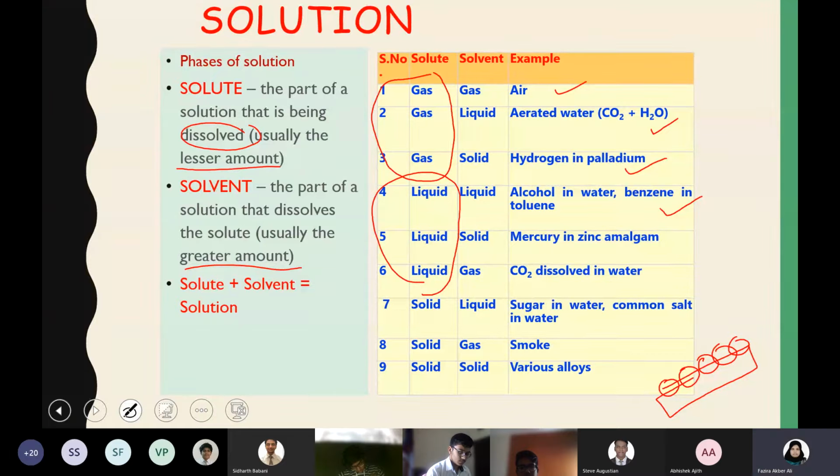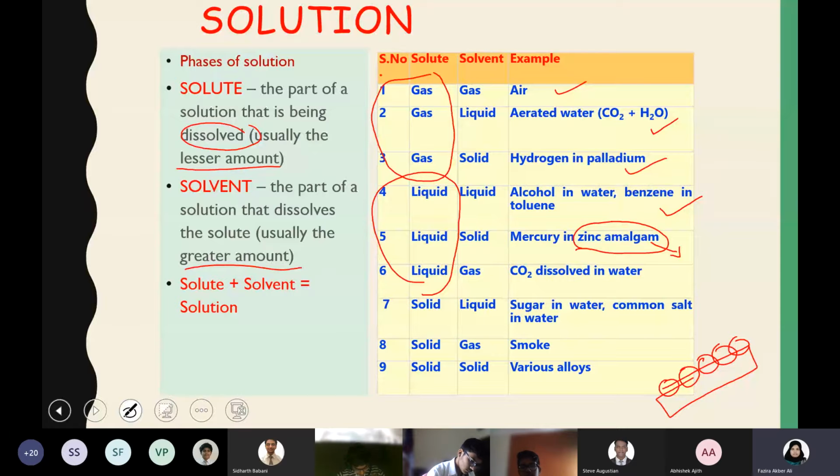The fifth example is when a liquid is dissolved in a solid. That is the case with zinc amalgam. Zinc amalgam is another type of catalyst, a combination of zinc and mercury. Keep in mind that amalgam is the term used whenever mercury is part of it.